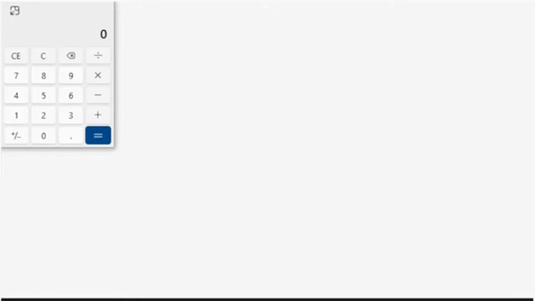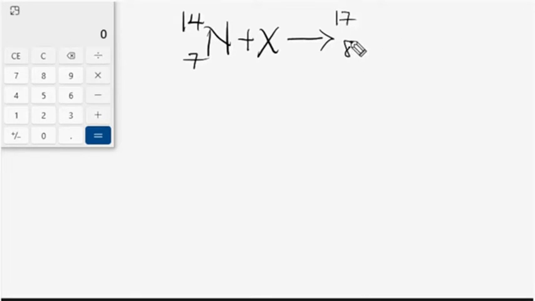In this reaction, we have N indicating a mass number of 14 and an atomic number of 7, and then plus X to give us oxygen with an atomic number of 8 and a mass number of 17, then plus a proton.